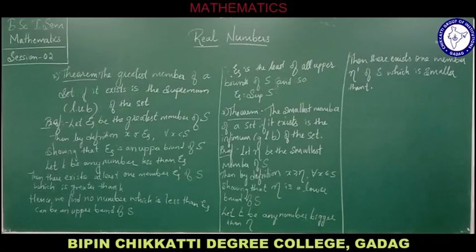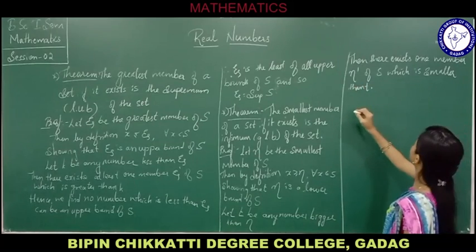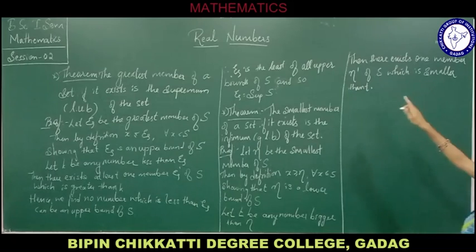Then there exists at least one member eta dash of S which is smaller than t.